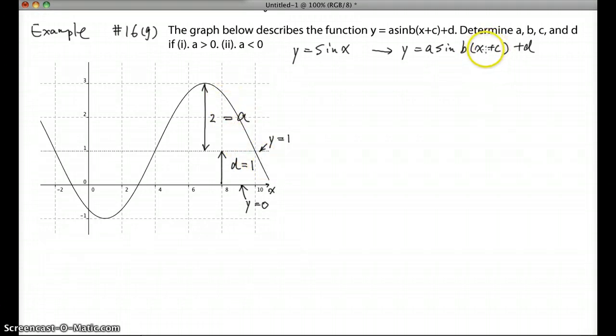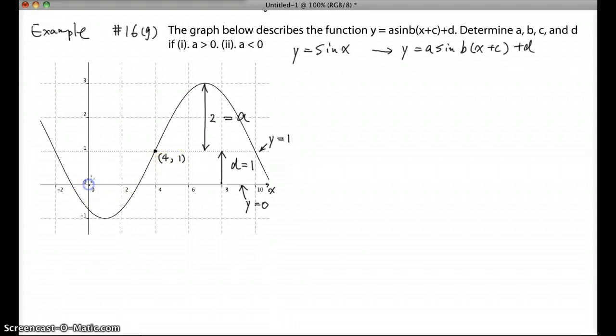The C is actually a horizontal translation. Now because A is positive, that means the graph does not have a vertical reflection. So this is going to be your starting point for the y equals sine x. Basically, the starting point comes to here, which is (4, 1).